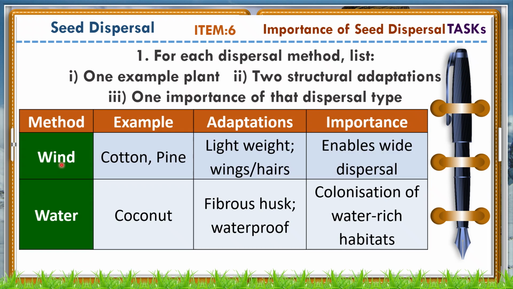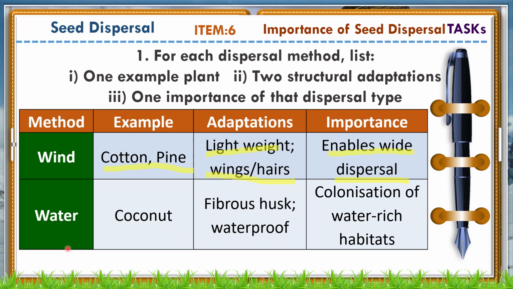Wind. Example, we have cotton and pine. Adaptation, they are lightweight, they have wings and hair. Importance, this enables wide dispersion.